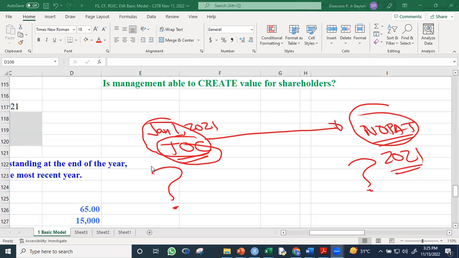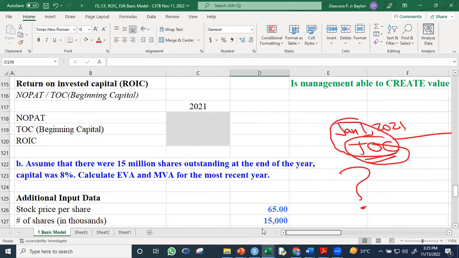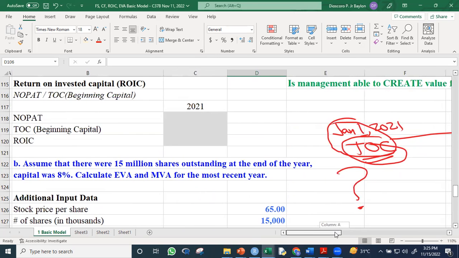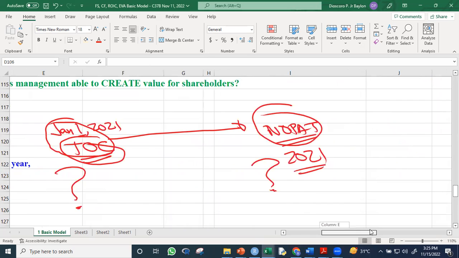Okay, question again. Sabi natin, the ROIC, return on invested capital, is a powerful metric to assess the performance of the firm. May kwento yan. Ang kwento niyan ganito. January 1, 2021, at the beginning of the year pa lang, meron nang capital ang binigay sa operations. Ang tanong, magkano yung capital na yon?